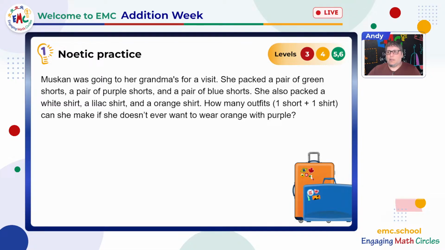Okay, give you all a moment to think. If I was doing this one, I would color code it. I like my color coding. Lilac is a shade of purple. But luckily, it's a shirt just like this orange one, so you can't wear them together already. I'm going to use black for white.